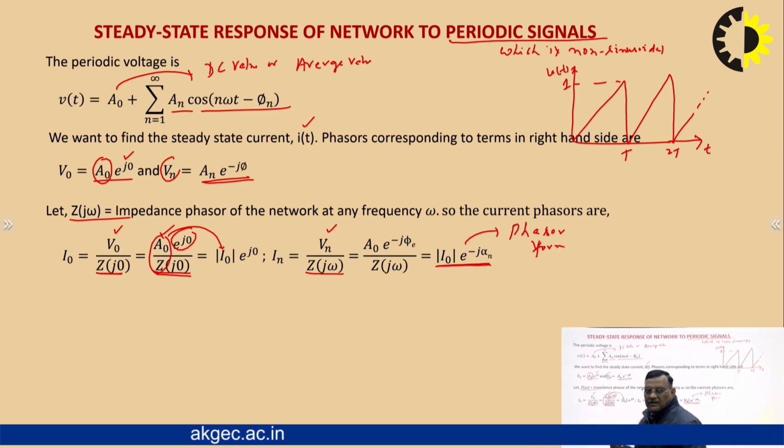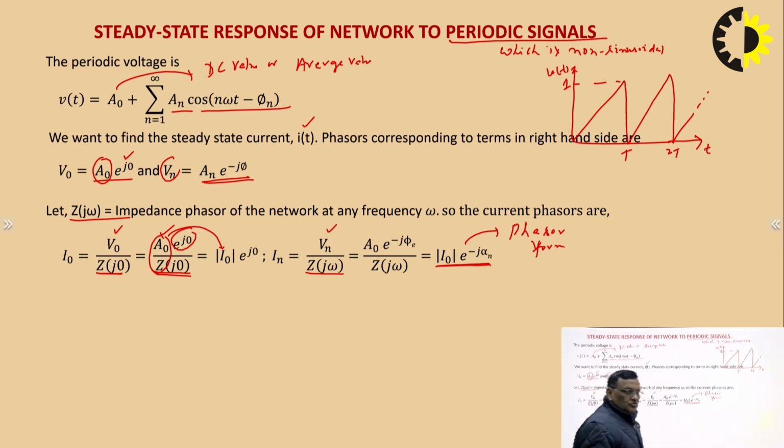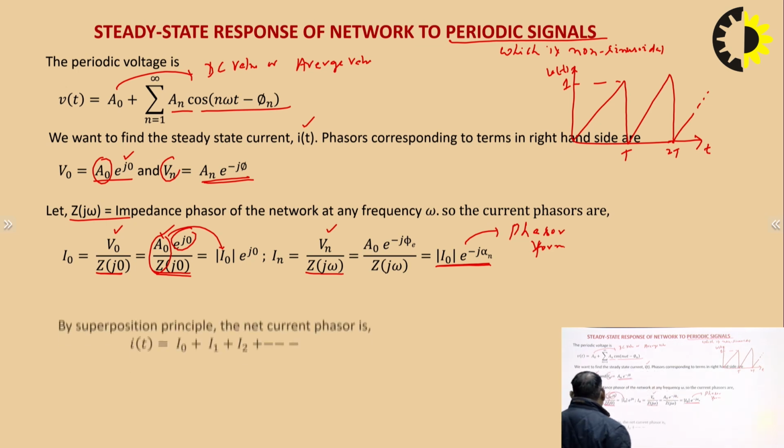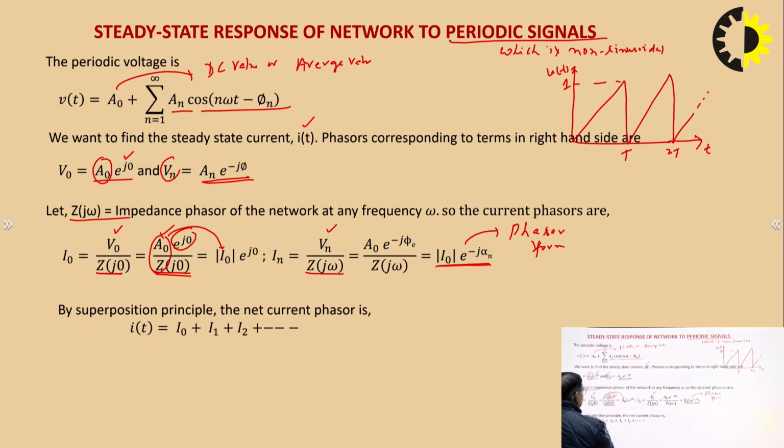So we can find the current for each component of the voltage, and we get I0, I1, I2, I3. The steady state current will be the summation of all these components. So this is i(t): this is your DC value, this is your fundamental component, this is your second harmonic, and so on.